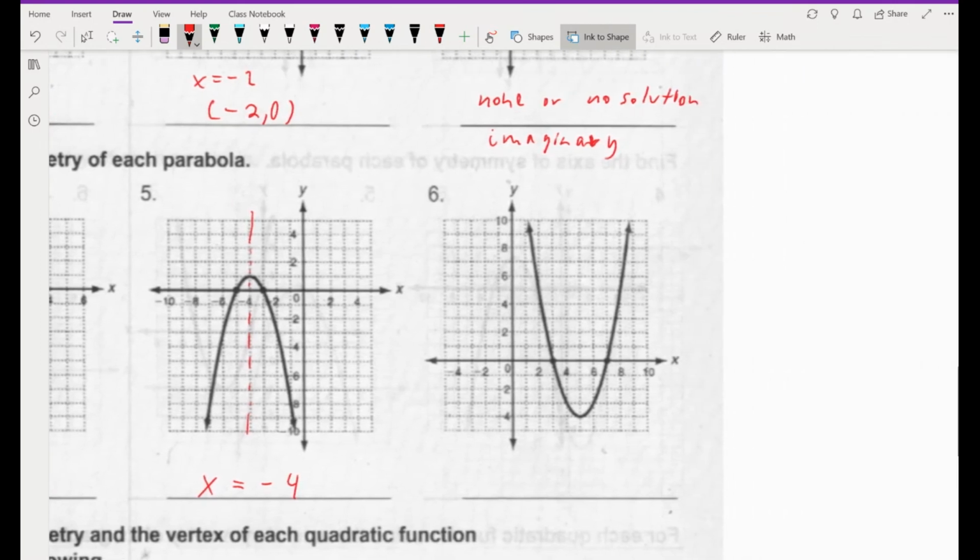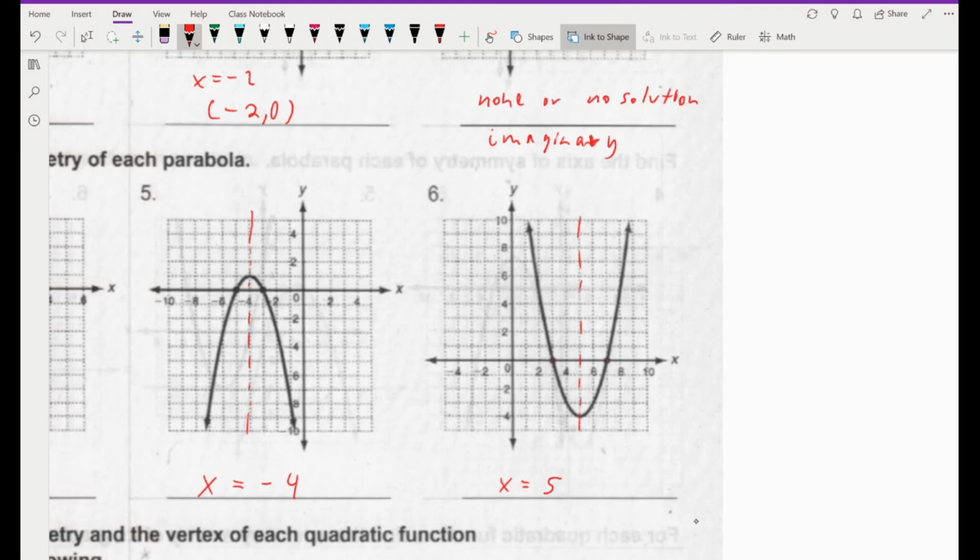Number 6, this axis of symmetry, passing through the center, x equals +5. If you notice, whenever there are two x-intercepts, the axis always passes through the average between the two x-intercepts.